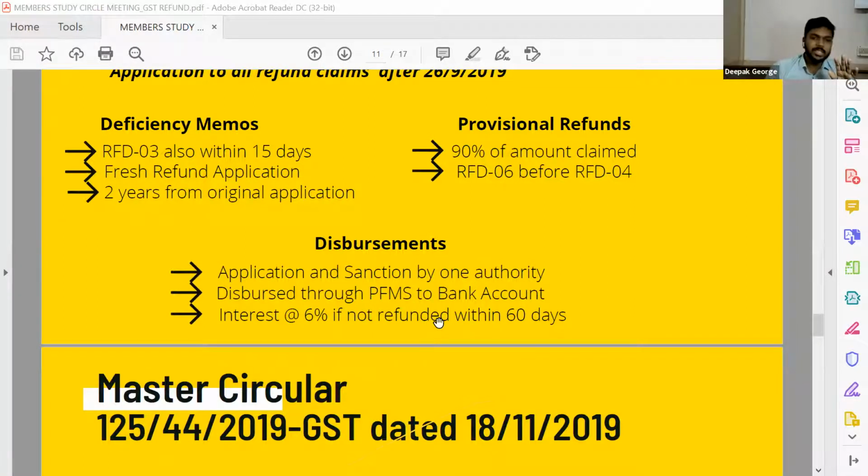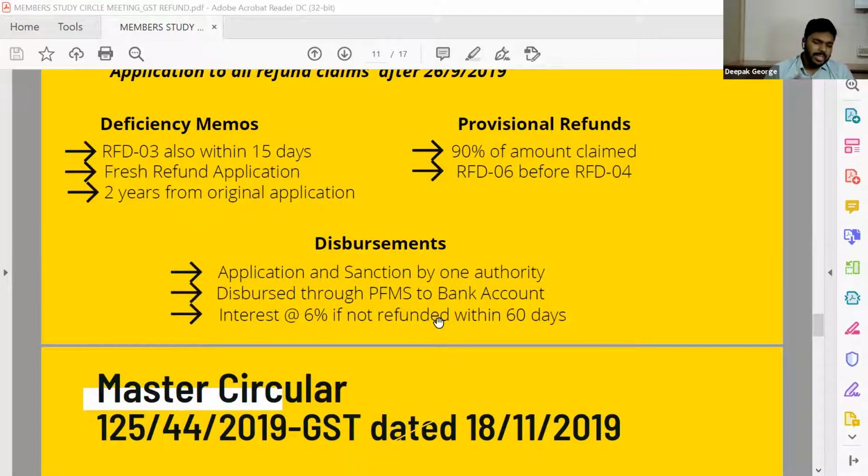Now, how this works is you make an application for refund initially. The GST portal created by Infosys has an algorithm wherein they will process the application and forward it to PFMS, Public Financial Management System of the Ministry of Finance, not the GST Department. I think it falls under the CGA, the general accounts something.